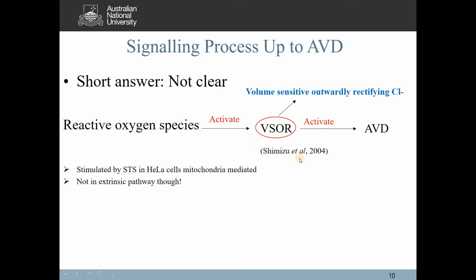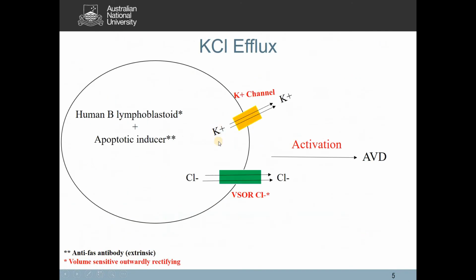For example, Shimizu found that reactive oxygen species, which means the radical oxygen anions from the mitochondria, radical superoxide if you wish, which contain oxygen and are very dangerous, would give rise to VSOR, the volume-sensitive outwardly rectifying chloride channel. I recall VSOR is a channel that gives us AVD.